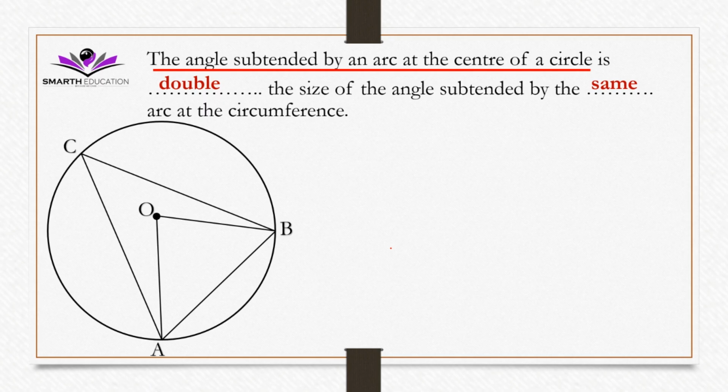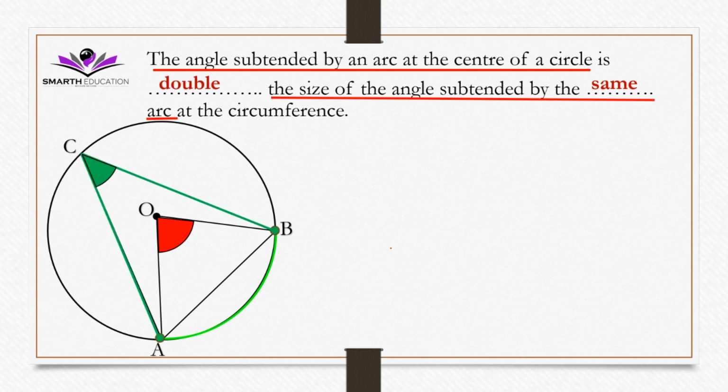This is the arc AB, right? It subtends which angle at the center? It subtends angle AOB at the center. So this angle AOB is two times the angle subtended by the same arc AB at the circumference. And we're talking about which angle here?